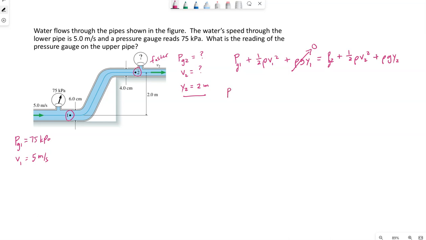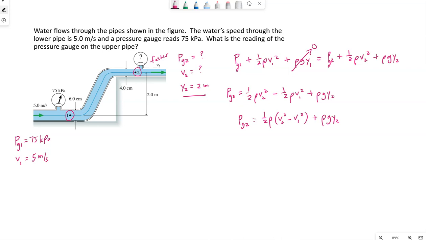So our gauge pressure 2 will equal 1/2 rho V2 squared minus 1/2 rho V1 squared plus rho g y2. I can factor out the 1/2 and the rho. This time we have the rho g y term because there is a change in height.